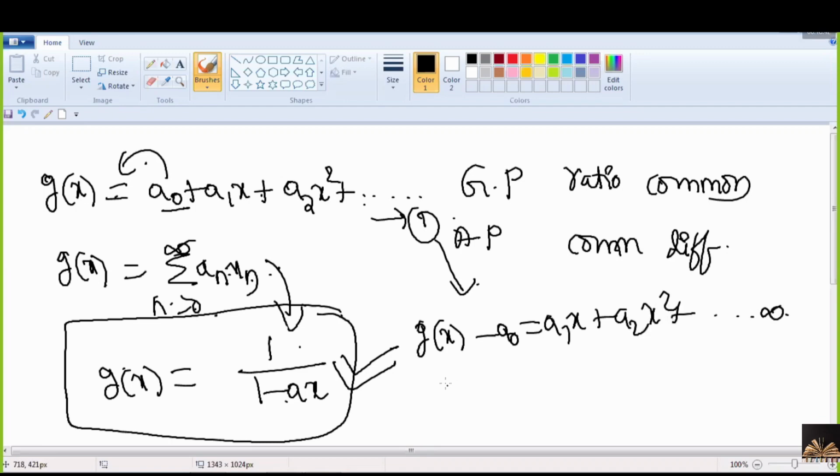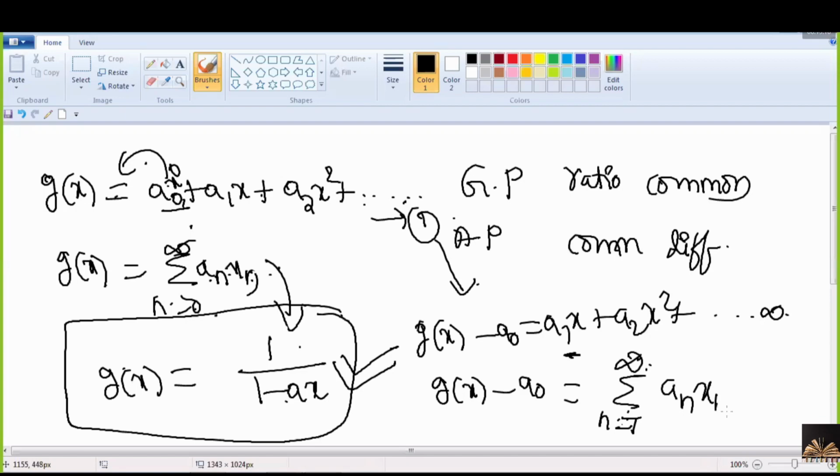Now in the first equation, the range starts from 0, as a0 into x power 0, in the common form of an into x power n. But here the range is from 1 to infinity, so you can change the range and write it from n equal to 1 to infinity.